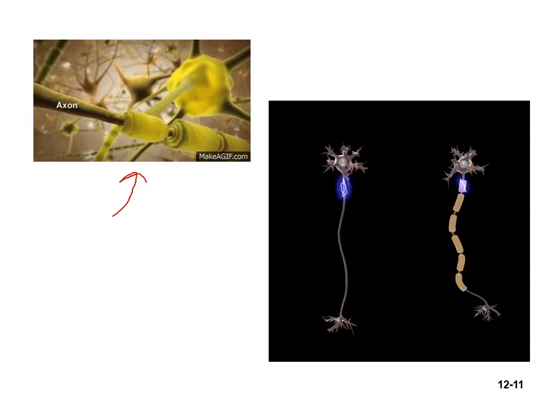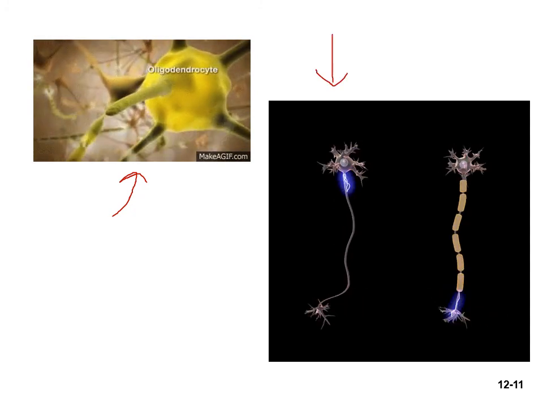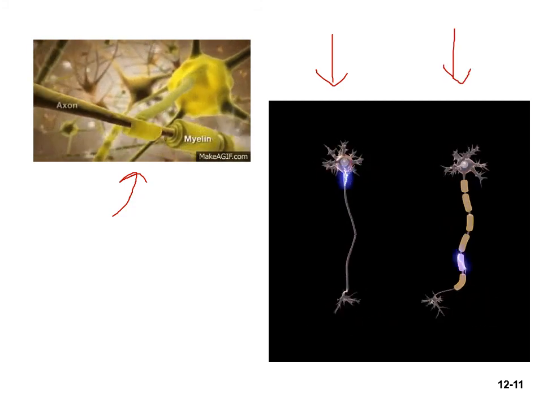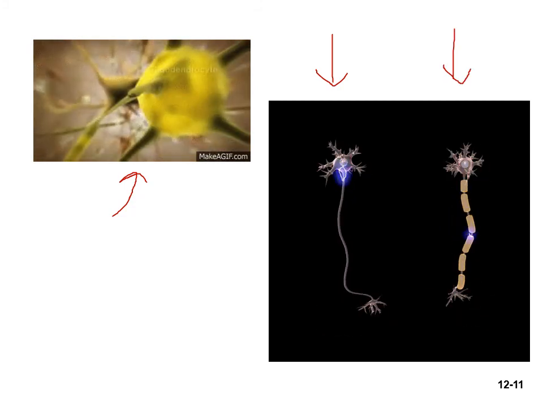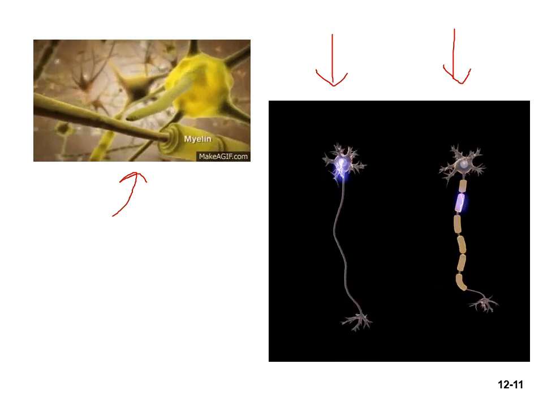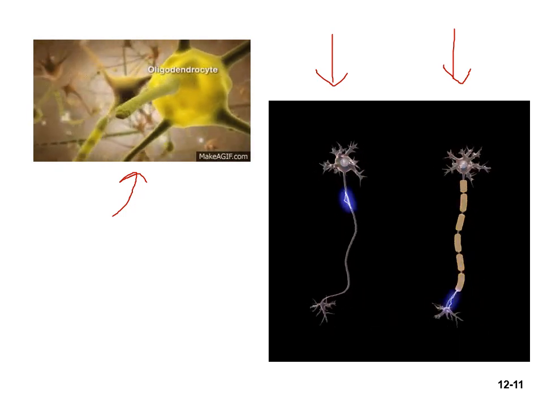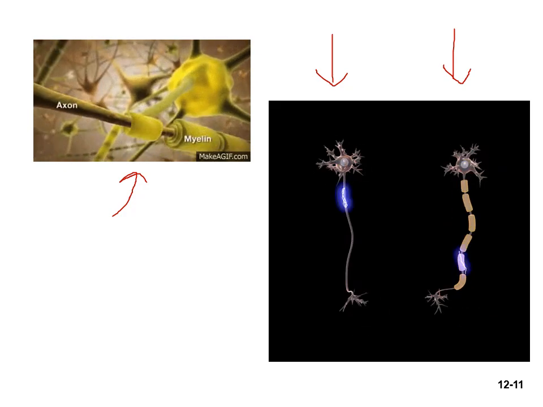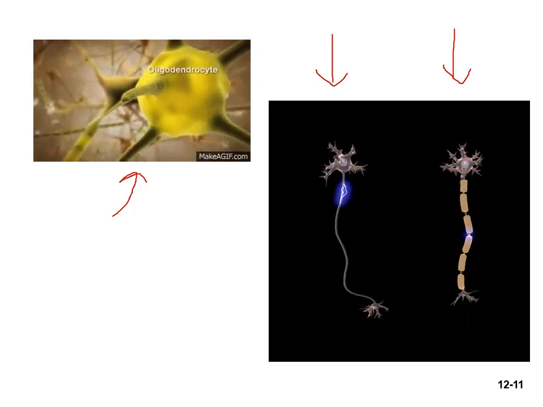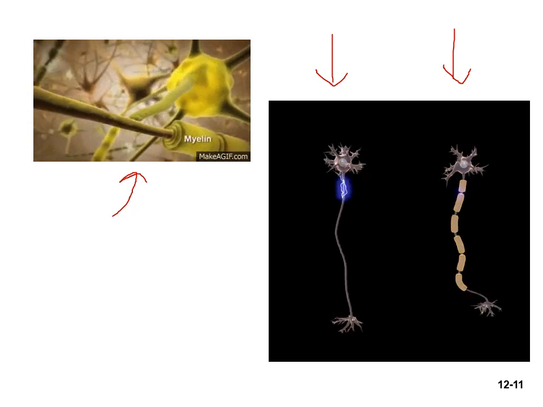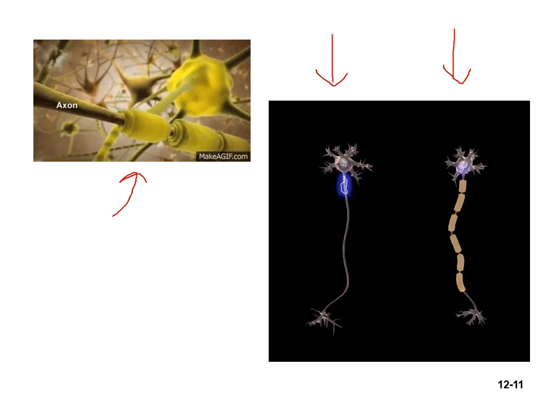And then on the right-hand side, we have two different neurons, I should say. And the little blue spark is meant to stimulate the electrical signal. So that's the signal coming down the axon. And it's just highlighting the fact that if the axon is myelinated, so it has the wrappings around it, that signal can proceed at a much faster rate.